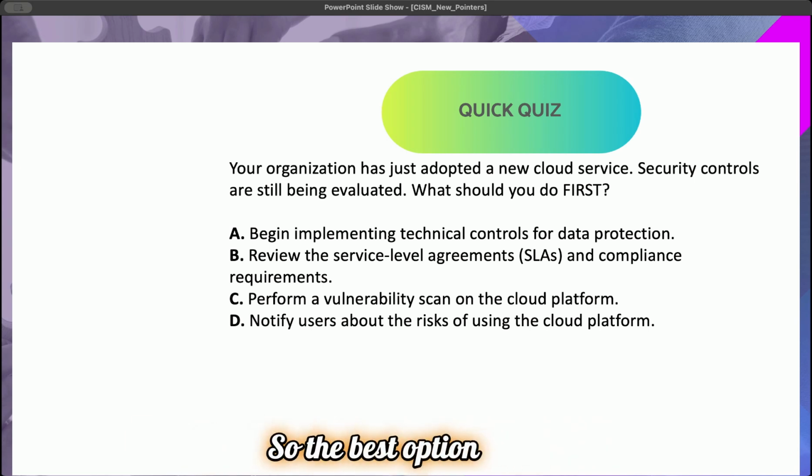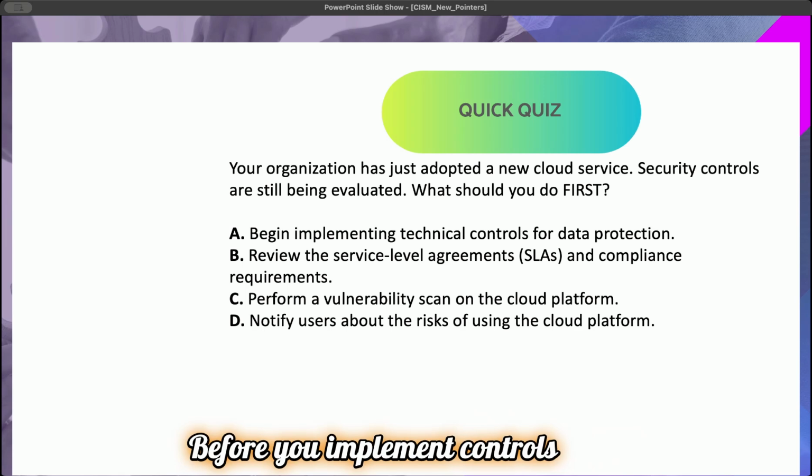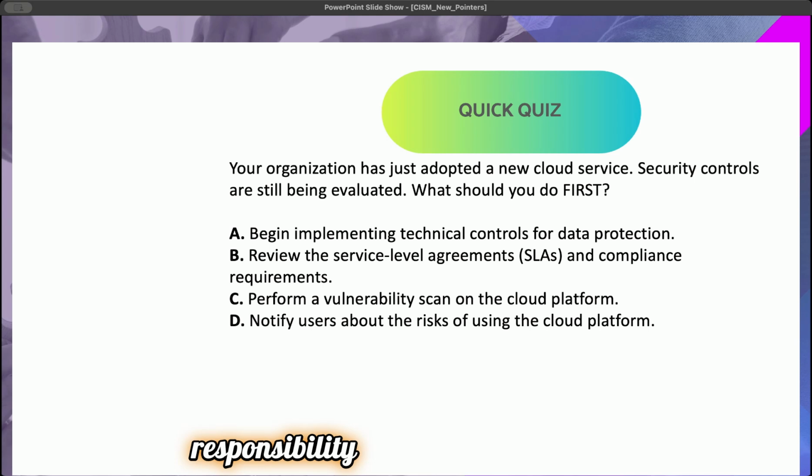So, the best option in this case is option B, review the SLA and compliance requirements. Before you implement controls, you need to understand your responsibility and what the cloud provider is responsible for.